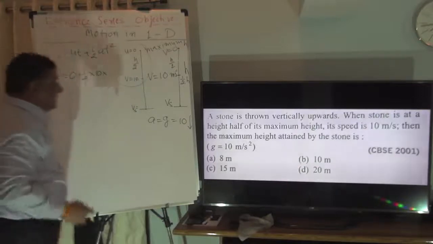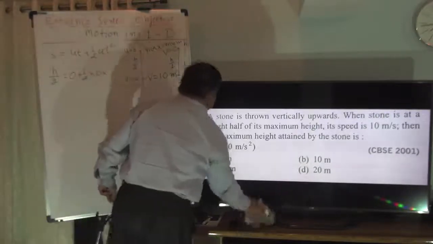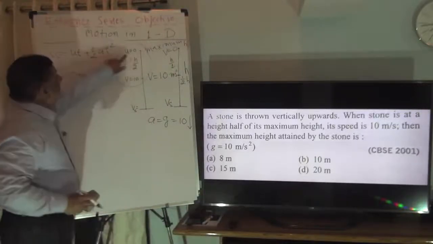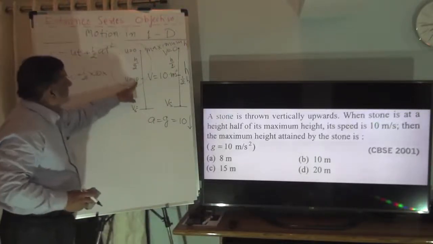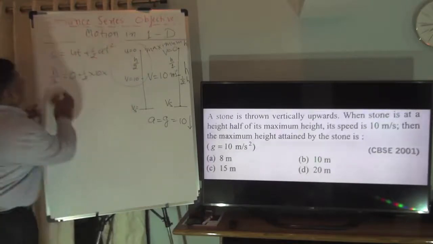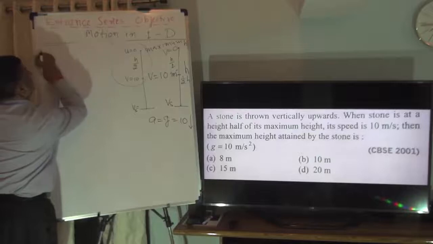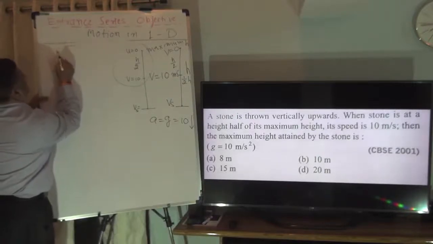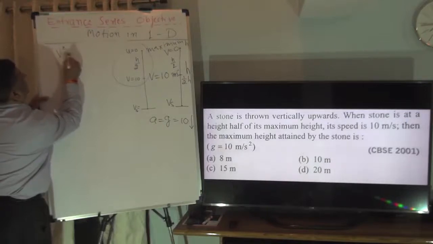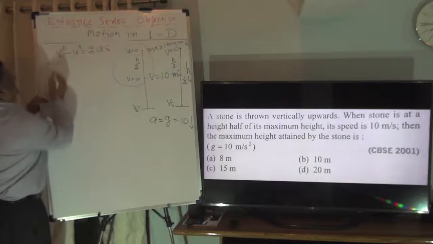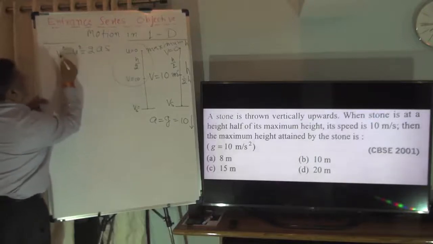Oh, we don't know t. We have taken the wrong formula. Why? We should have taken a formula where initial velocity and final velocity are given, and the distance and acceleration are given. What is that formula? That is the third: v square minus u square is equal to twice as. Here v is equal to 10.